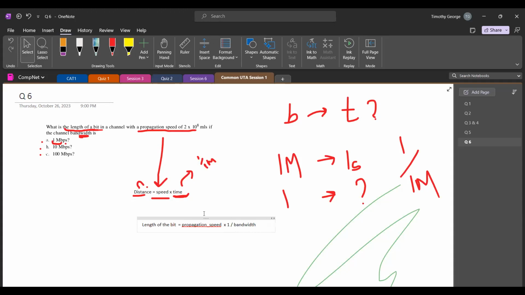That's all that you need to do. And this you can just apply to all of them, and you can find out. So if you want, we could work this out.